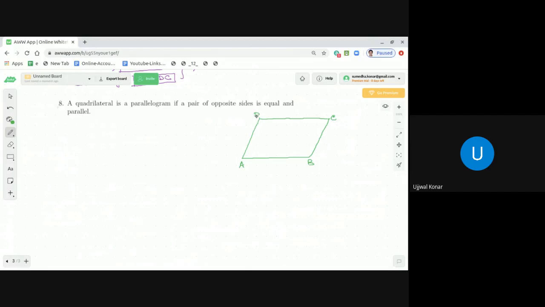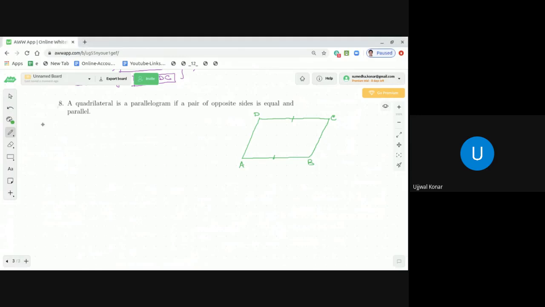As you see, ABCD is a quadrilateral here, and a pair of opposite sides, that is AB and DC, we take these two opposite sides, they are equal. That means AB is equal to DC and they are parallel. So let me write it down.